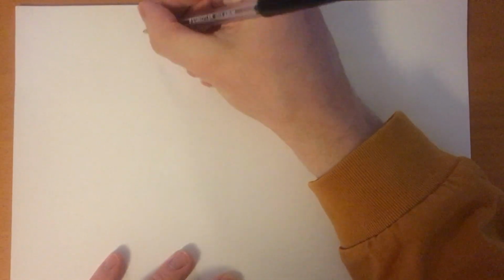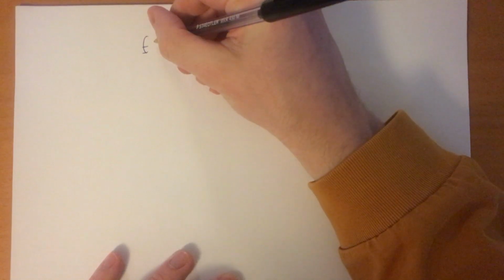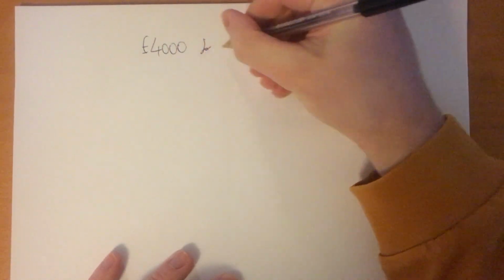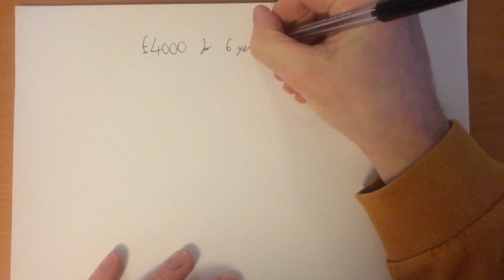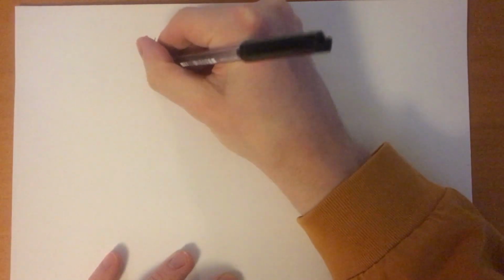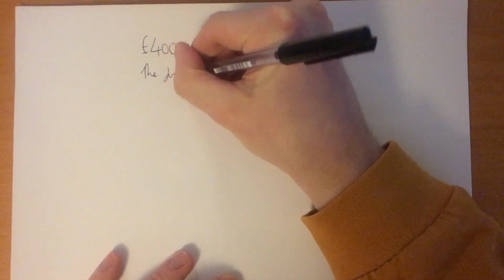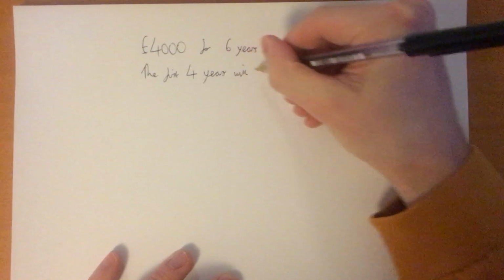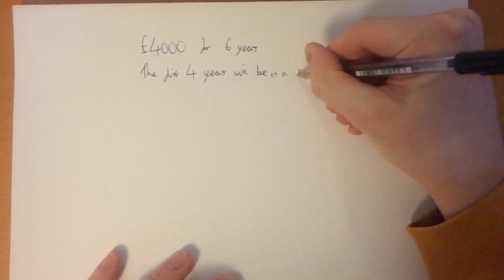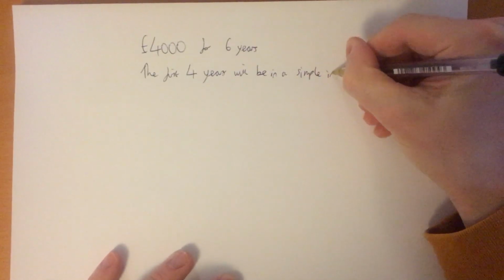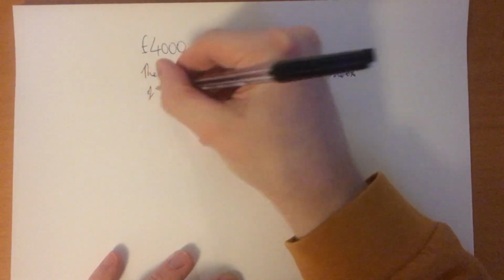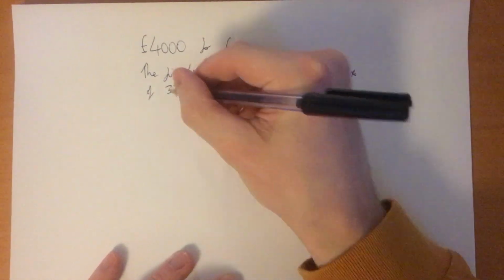Another type of question, they might combine both of them. So they might say, I want to invest £4,000 for 6 years. The first 4 years will be in a simple interest of 3%.